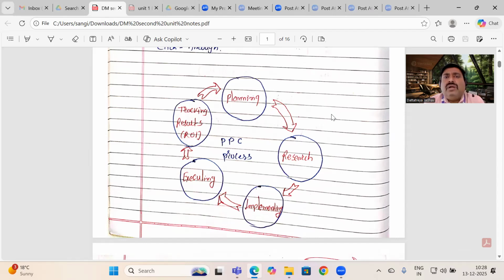Which type of customer, what their thinking parameter is, what they want, which type of price will be decided, what their salary is, where they stay, what they mostly purchase. All these things concern the research.